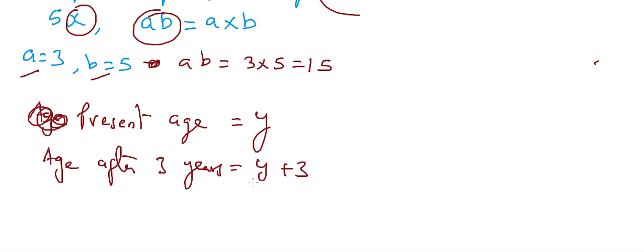Then after 3 years, your age will become 14 plus 3, 17. Understood? So depending on the value of y, or your present age, your age after 3 years will change, vary.